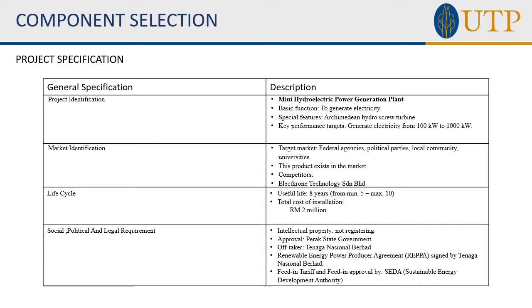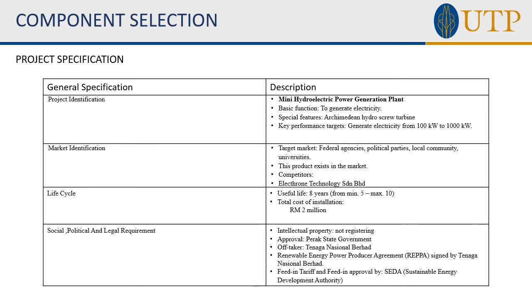My name is Mawad Hamizan Mukri bin Bisnan, and I will be presenting about component selection. In the component selection of mini hydroelectric at Post Hendrop, this is the general specification as you can see in the slide. For the project identification, the description is the mini hydroelectric power generation plant.